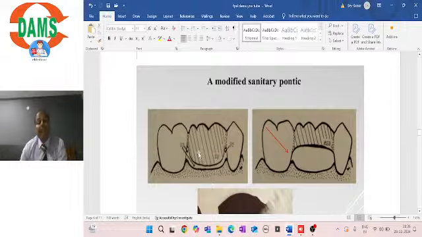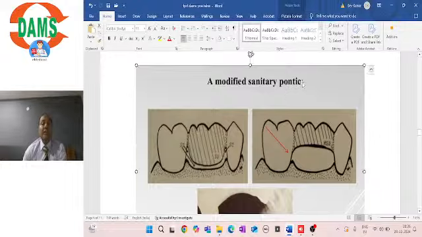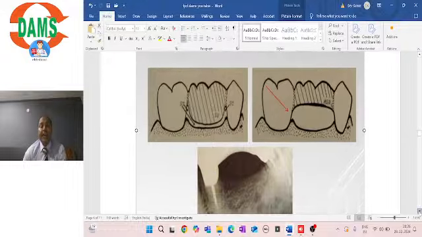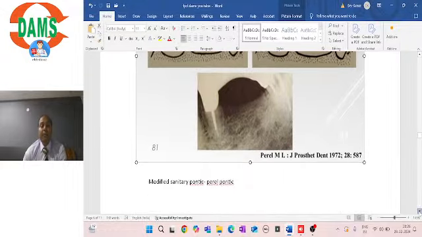Now there is another modification of this sanitary pontic, the second one, which is the modified sanitary pontic. It is also known as the parallel pontic.